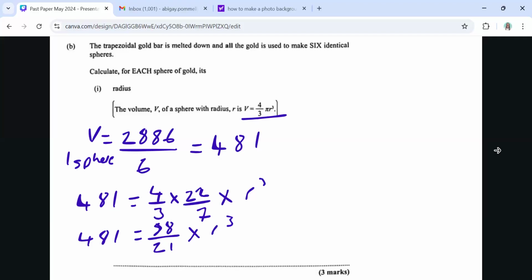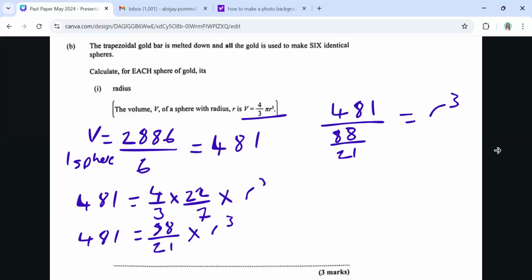So I'm going to come over here and say 481 over 1. Since it's multiplying the r cubed, I'm going to put 88 over 21 here, equal to r cubed.